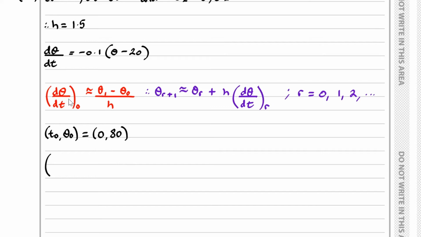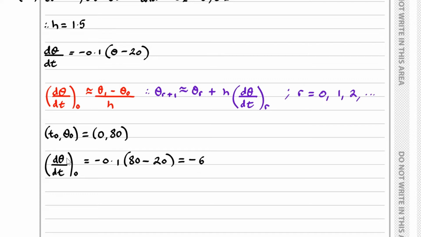Okay, and we can do that by substituting 80 in for theta over here in this differential equation. So we have d theta over dt 0 is equal to minus 0.1 lots of 80 minus 20, which is minus 6.